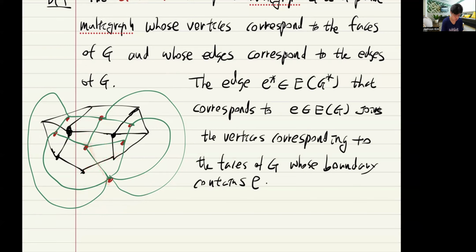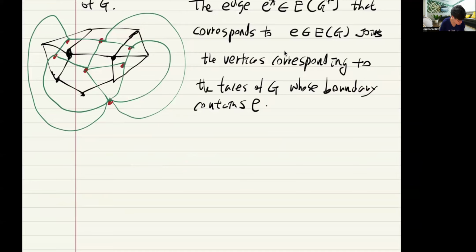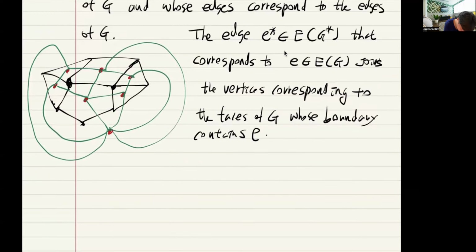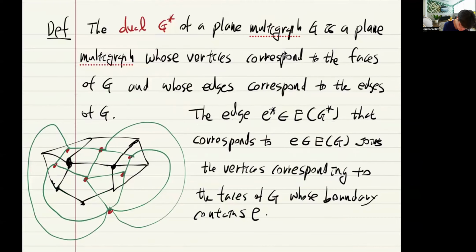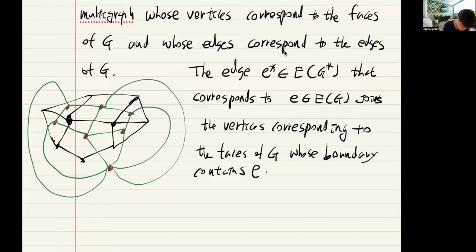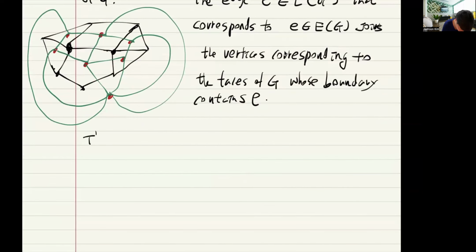So you draw. This dual G star is a plane multigraph. So we want to specify its embedding. The plane multigraph comes with the embedding.